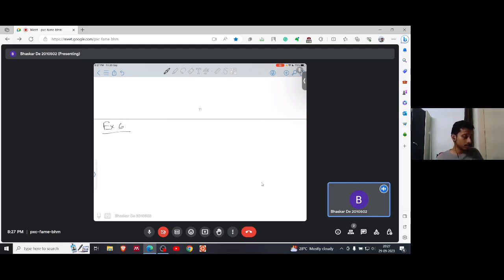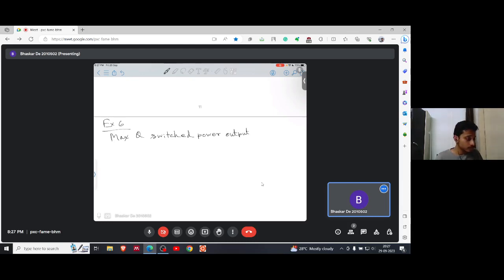What would be the maximum Q switched power output from the UV laser given in the previous problem?